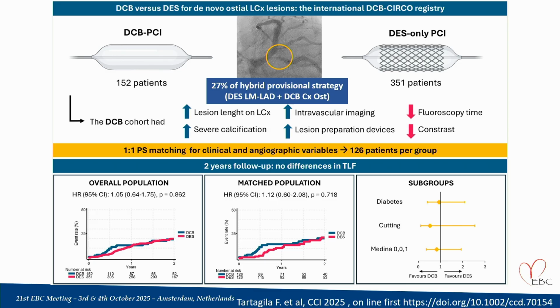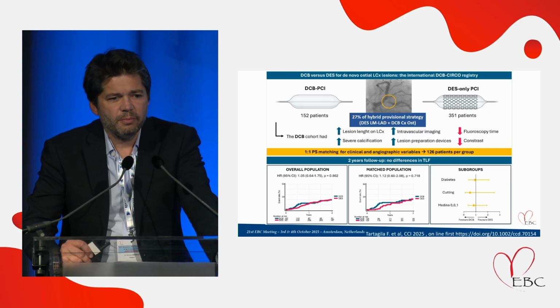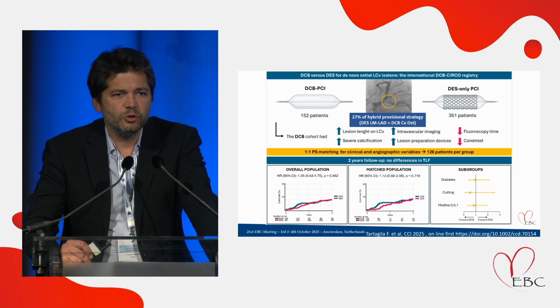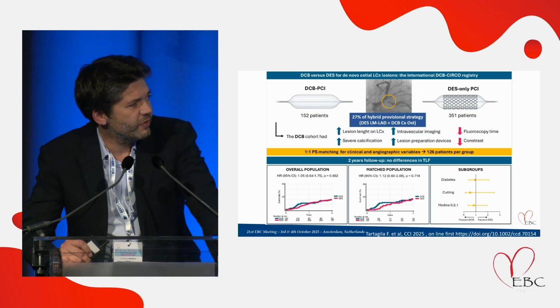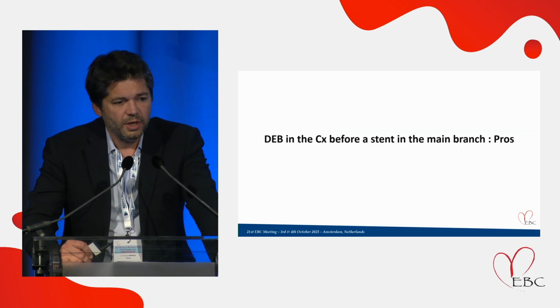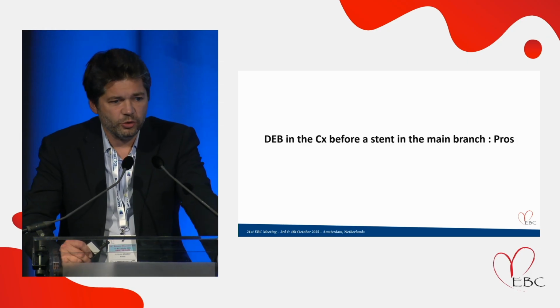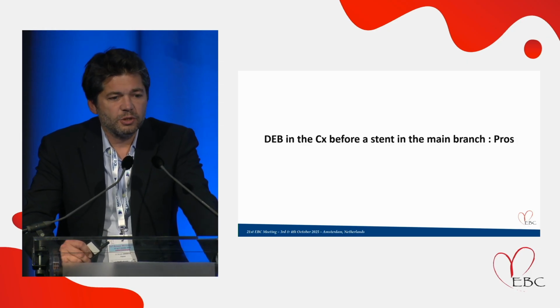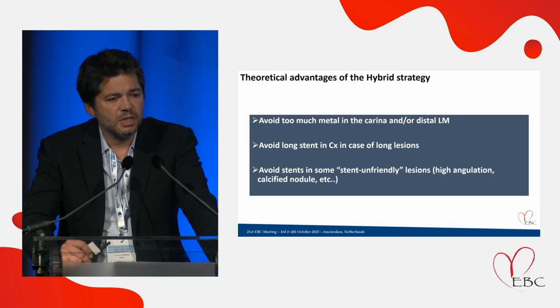And it appeared that in this series, 27% of the patients benefited from a hybrid provisional strategy, and the clinical outcomes were quite comparable. So what I was asked to do is to think about the best sequence to apply for this hybrid approach, yet we don't have very strong clinical data to support it. However, I think that there are pros and cons, and I will try to think about the theoretical advantages.